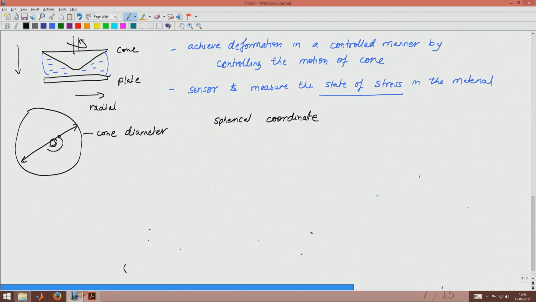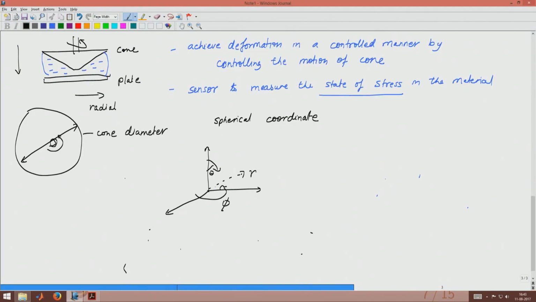If we try to draw the spherical coordinate system, generally we measure theta from the vertical axis, and then phi is measured in the plane itself, and then of course we have the radial direction. So, how do we map this spherical coordinate system onto the cone and plate?